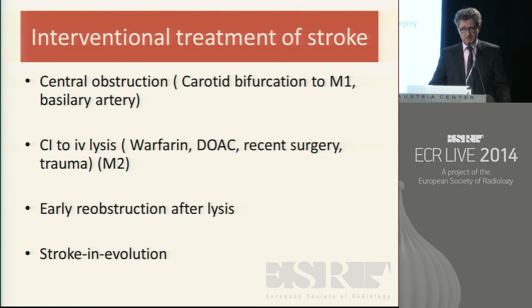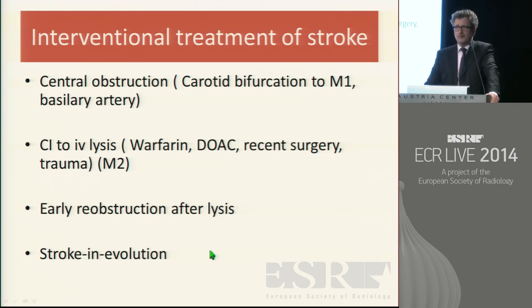A patient goes by bicycle, falls down, and nobody knows why the patient fell from his bicycle. He had a stroke and fell on his head and has severe head trauma. These patients can have a contraindication to intravenous lysis and might be candidates for intra-arterial thrombolysis or thrombectomy.